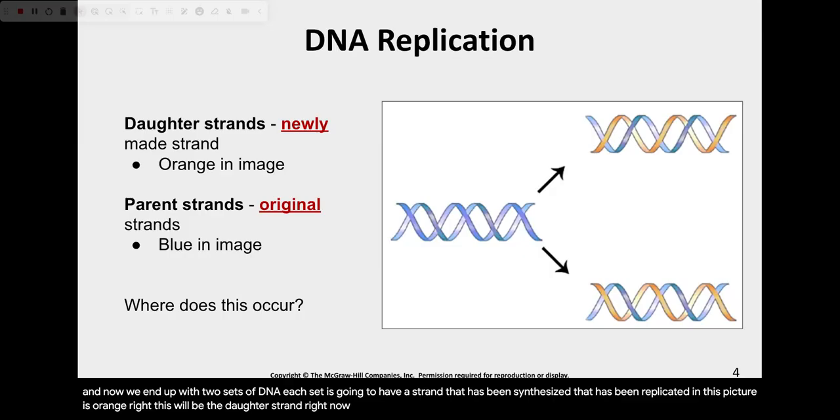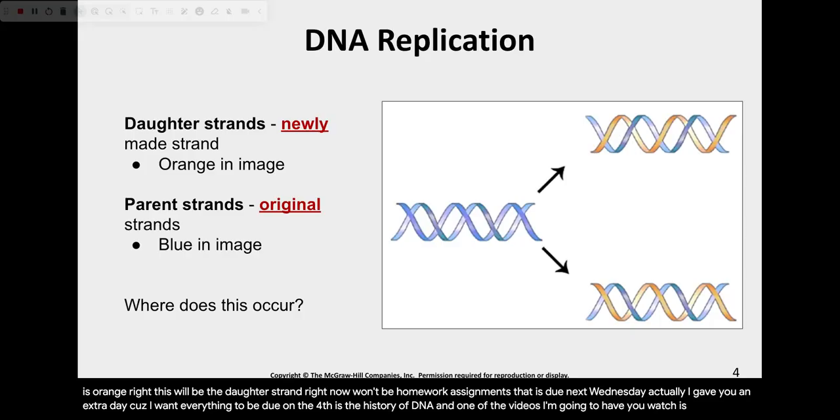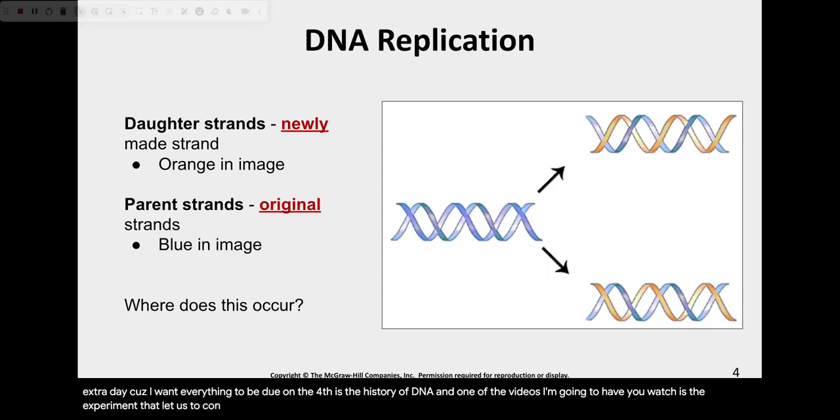Now, one of the homework assignments due next Wednesday, actually, I gave you an extra day because I don't want everything to be due on the 4th, is the history of DNA. One of the videos I'm going to have you watch is the experiment that led us to conclude that this is how DNA replicates: how we go from one parent double helix to two double helixes that each have one parent strand and one daughter strand together.